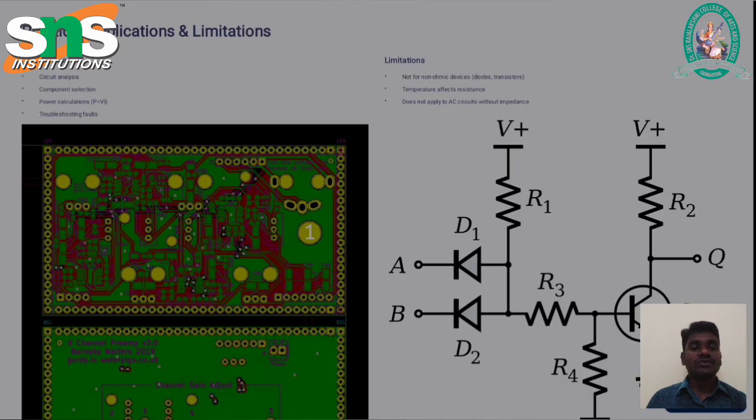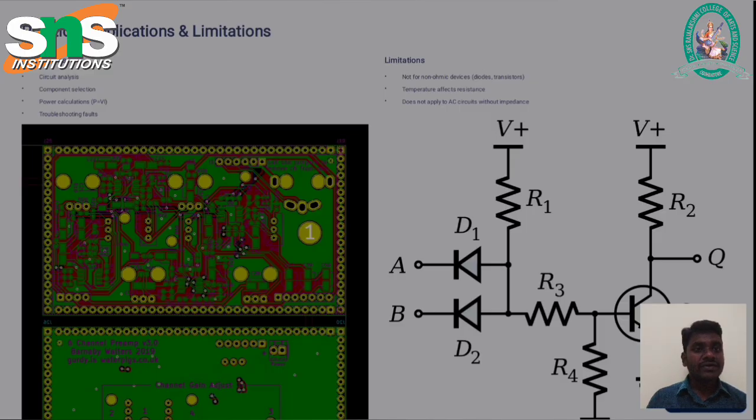Then the limitations of Ohm's law and its verification. It does not apply to non-ohmic devices, for example diodes, transistors and FETs. Temperature affects the resistance, so we can't measure the exact resistance at different temperatures.